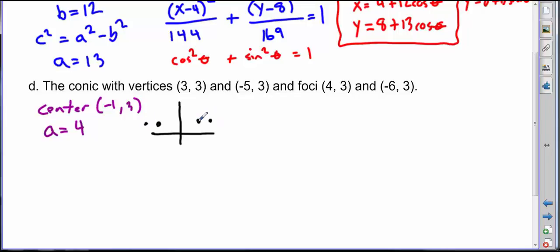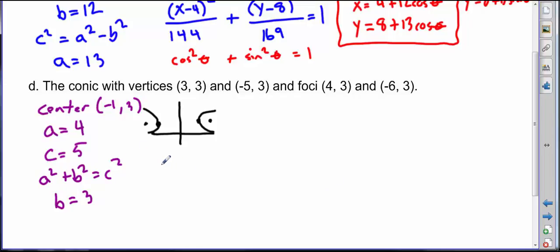So we know the graph has to open up like this and this, and we know that's a hyperbola, right? So just something to keep in mind. Another thing we get from the foci information is that we know that the c value has to be 5. And remember, with the hyperbolas, we just have a squared plus b squared equals c squared. It's the normal kind of Pythagorean we're used to. So b would be 3.